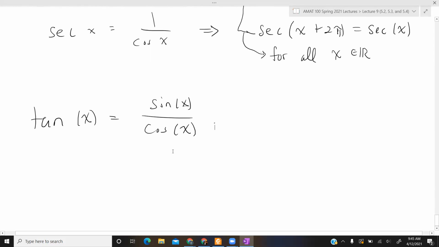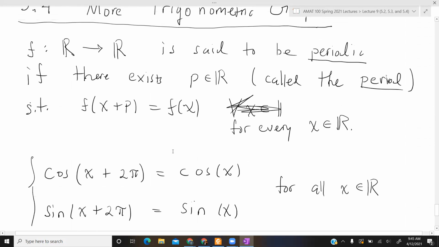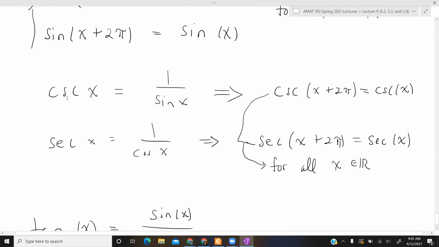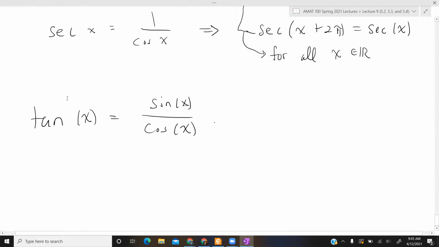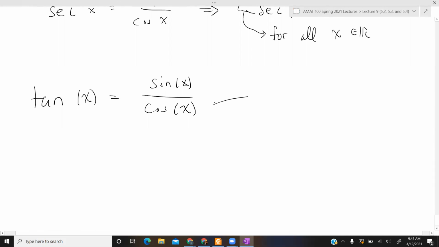And in fact, we have to be careful because tangent is not defined wherever cosine x is 0. If you plug in, say, pi over 2 into tan x, cosine pi over 2 is 0, so this won't be defined.